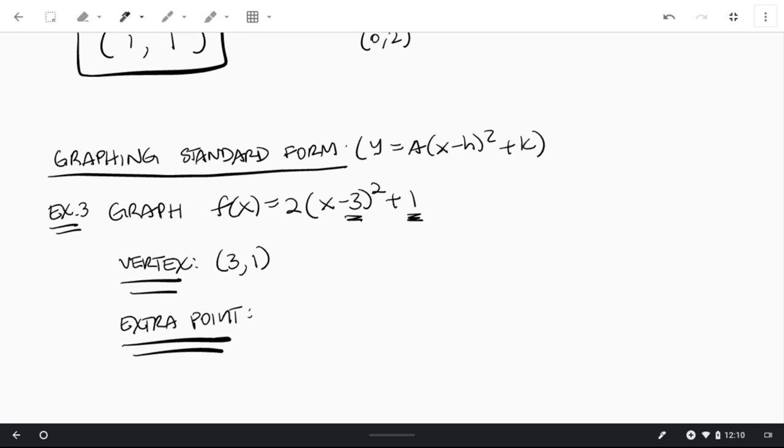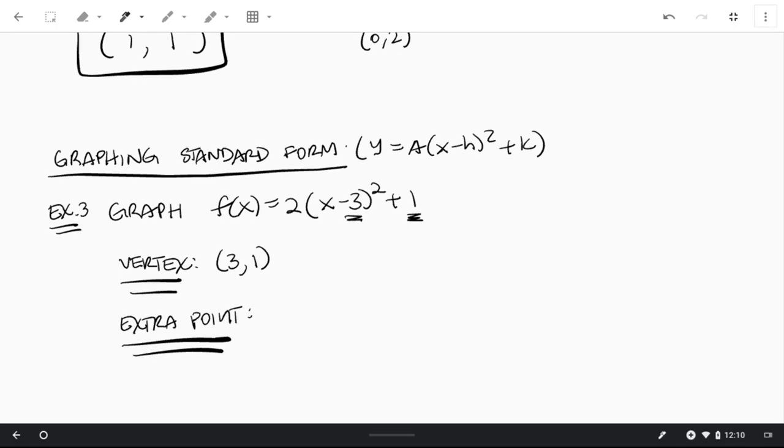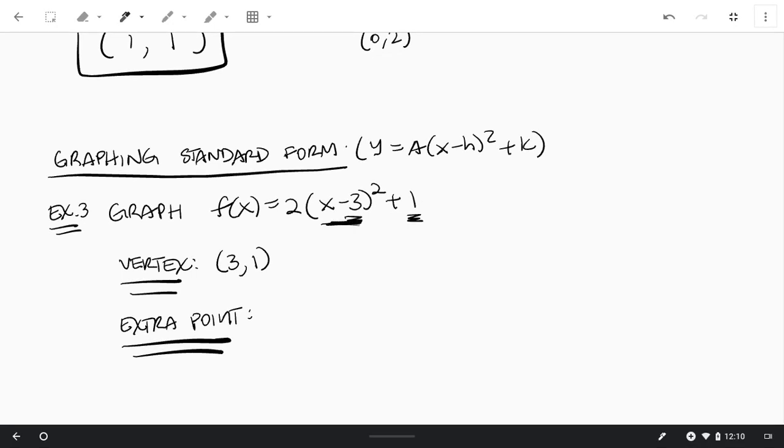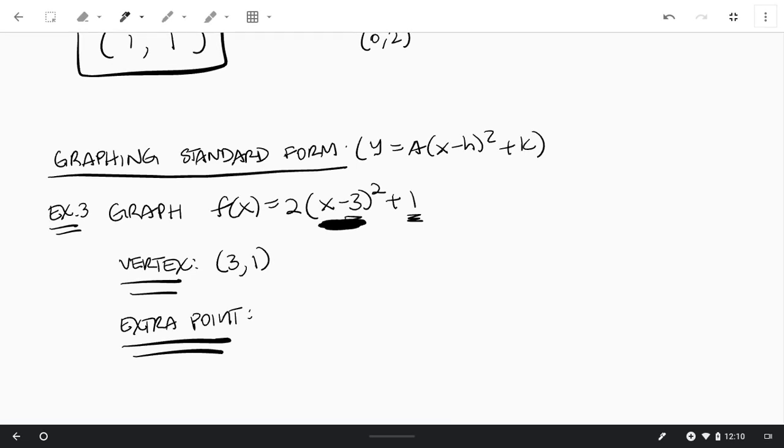But here, if I use 0 for x, I get negative 3 squared, which is 9, and then times 2 is 18. I end up with larger numbers. So here, I'm not going to choose 0. I like to choose an x value that makes the inside answer very small. I will choose positive 4. That way I get 1 on the inside. However, it's up to you. You can choose whatever you want.